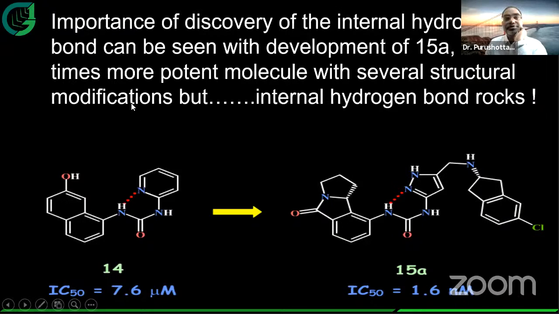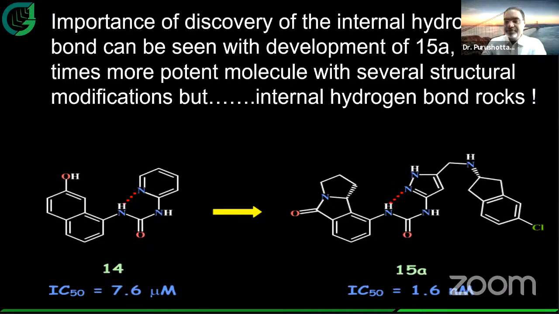Okay, so I have mentioned here that the internal hydrogen bond was not disturbed by the scientists. It has been retained by the scientists in all the cases. And if you see, there were several modifications. The gain of activity was not only a function of the hydrogen bonding, but hydrogen bonding and urea moiety were part of the pharmacophore. So in your drug discovery process, you need to identify the pharmacophore and retain it. This is what the learning is.